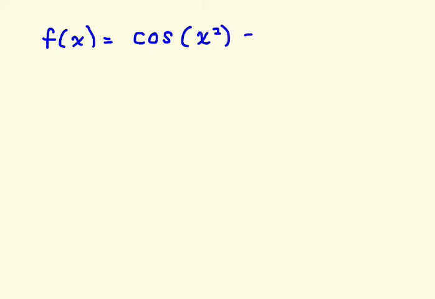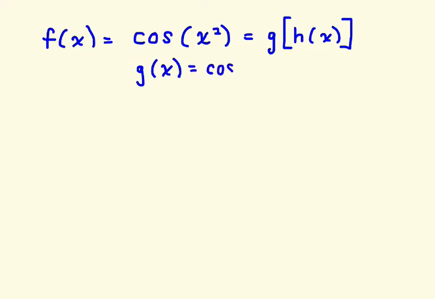Where if we were to say that this is the composite of g of h of x, well then the g of x function is the cosine of x. That's the outer function. And the h of x function is x squared. And we happen to know that both the cosine of x and x squared are smooth continuous functions. They're differentiable for their domain.